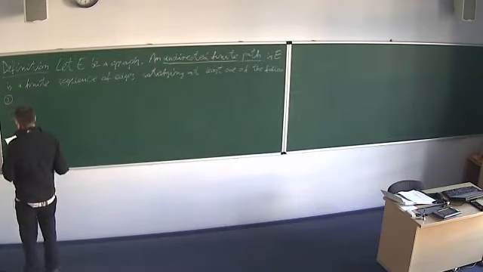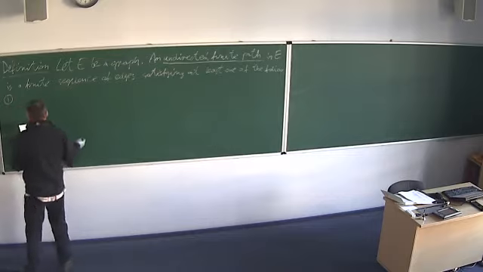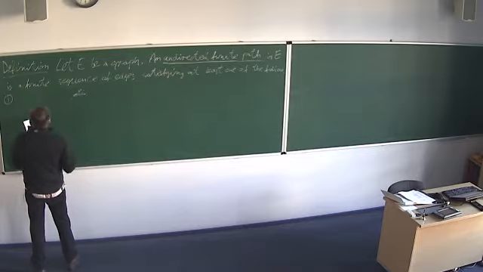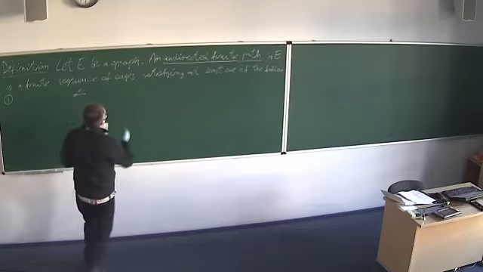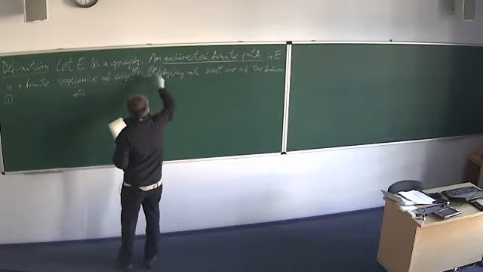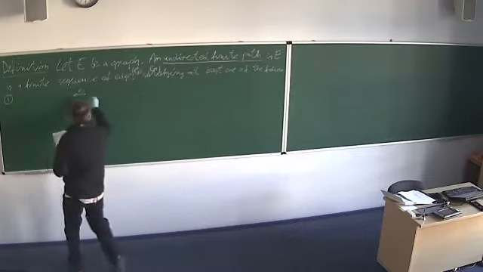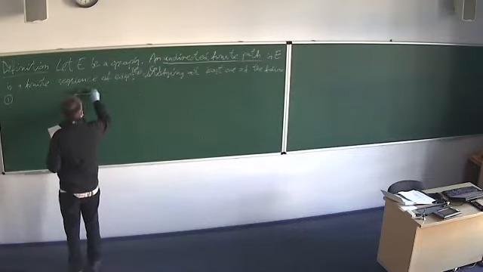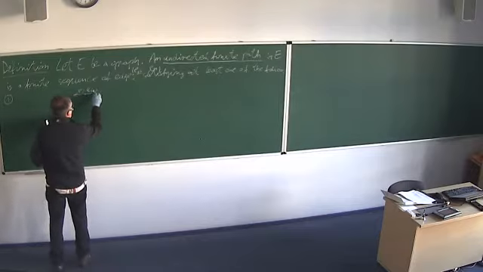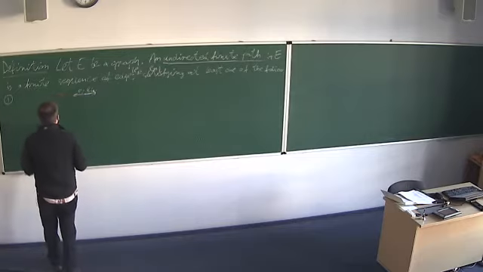So here we have e_i and e_{i+1}. You see, we have two arrows outgoing from the vertex in the opposite direction, okay?